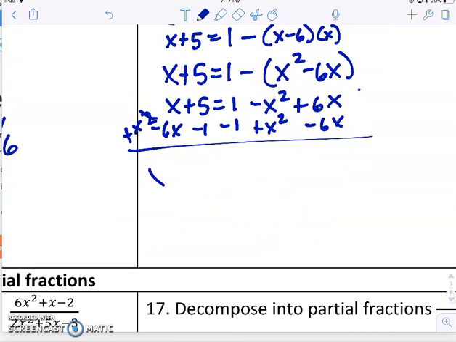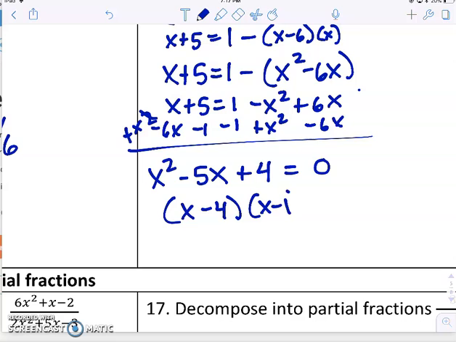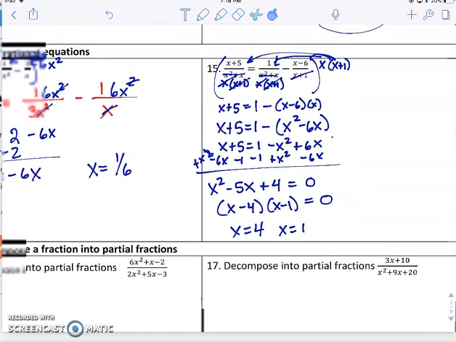So now on this side we have x squared minus 5x plus 4 equals 0. So this factors into x minus 4, x minus 1 equals 0. So you have x equaling 4 and x equaling 1.